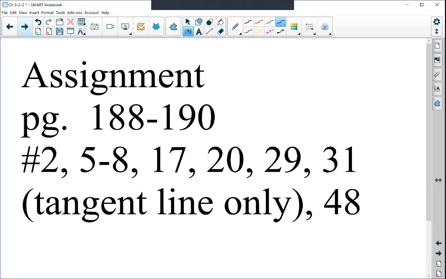Let's just do the tangent line on that one. Again, I don't believe normal lines are part of the AB curriculum, and I don't know how many times they ask it on the BC as well. So tangent line only is fine. Some good practice.